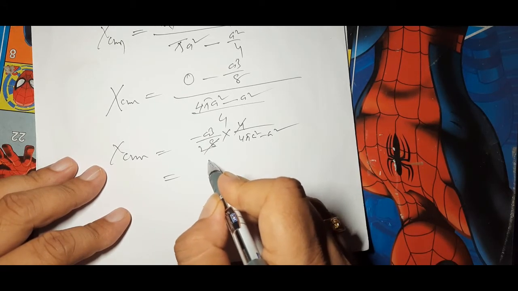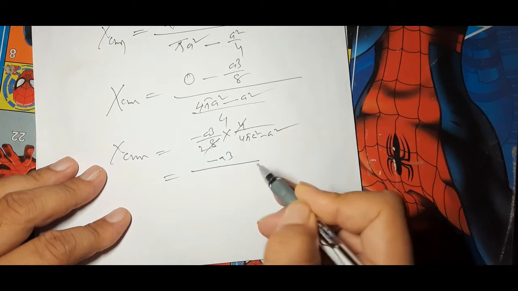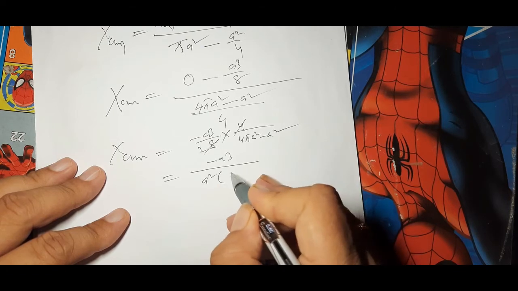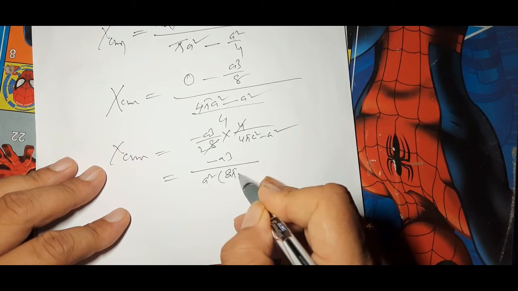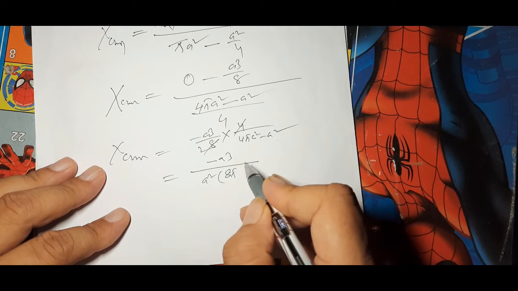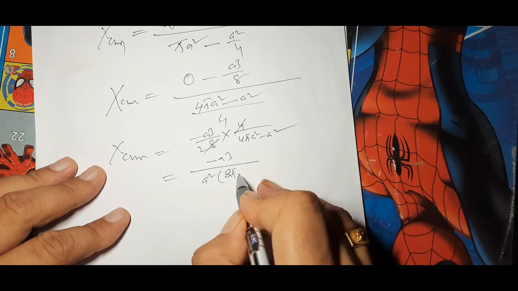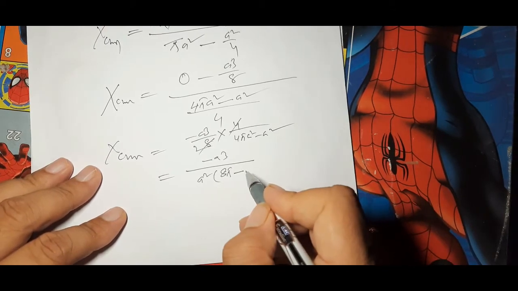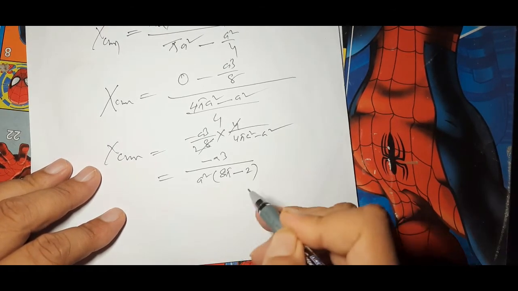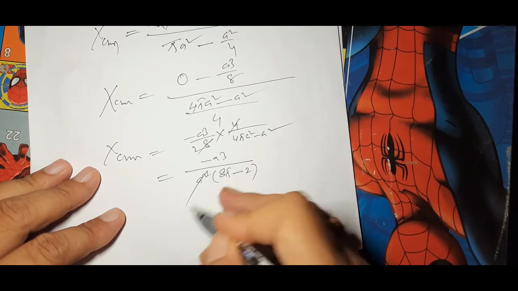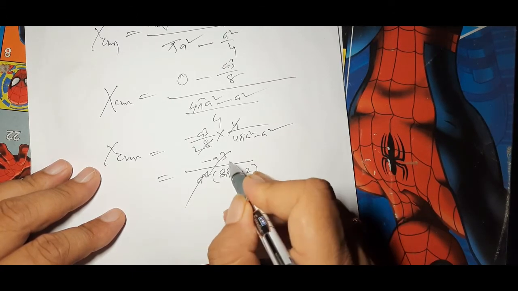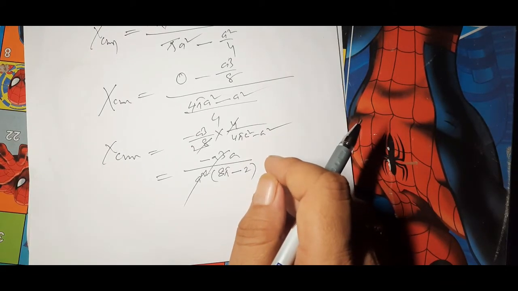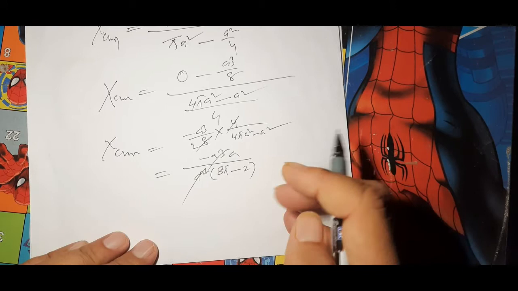Minus A cube by A square into 8 pi minus 2, so the factor 8 cancels.